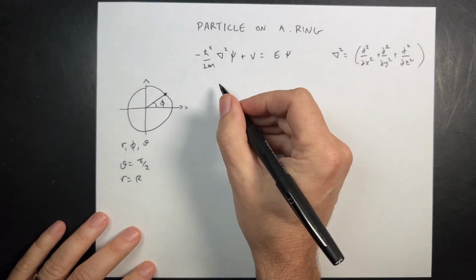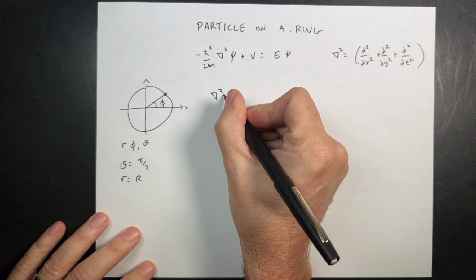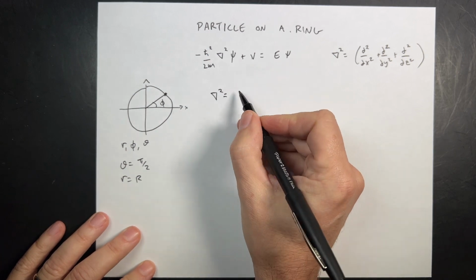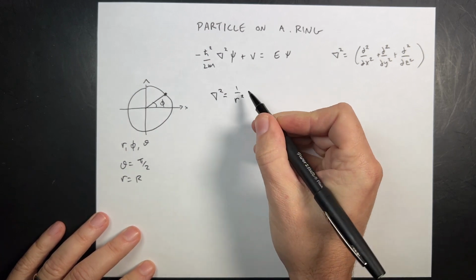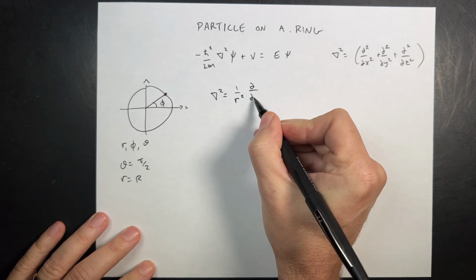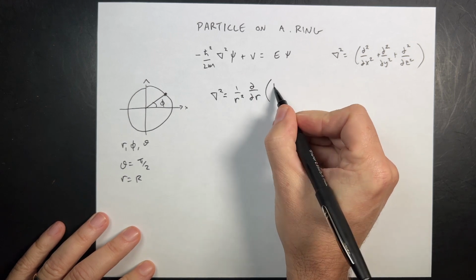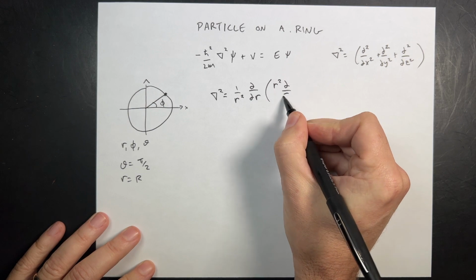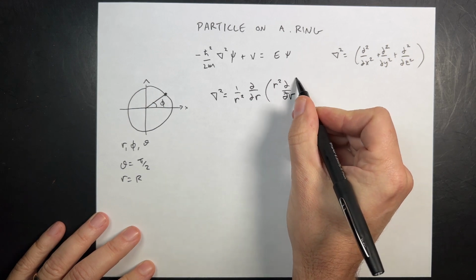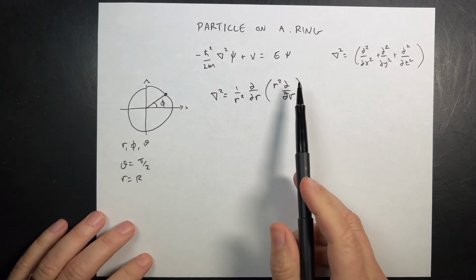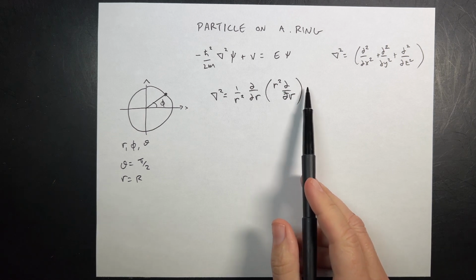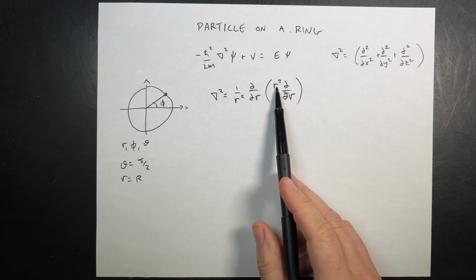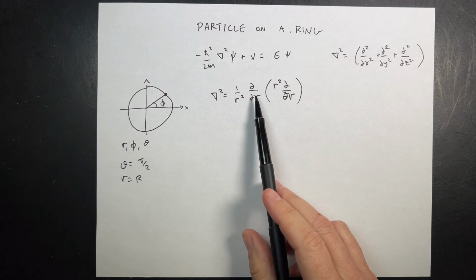So in spherical coordinates, the Laplacian operator looks like this: 1 over r squared, the partial with respect to r, of r squared, the partial with respect to r. That seems kind of weird, but it says that I take this and operate it on my function, multiply by r squared, and then take the derivative again.